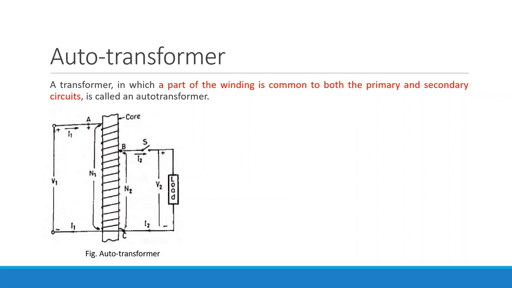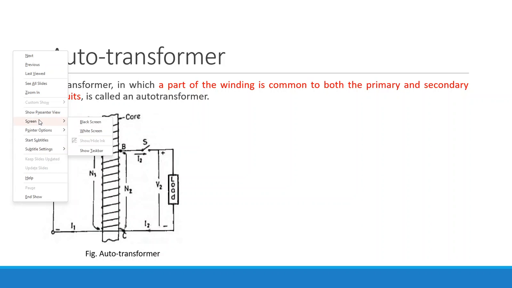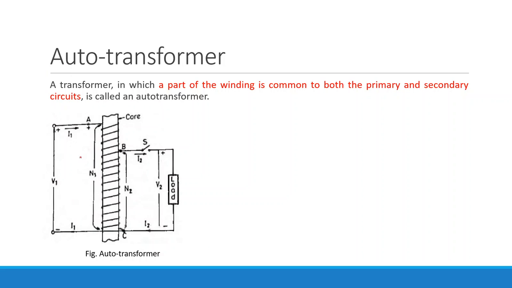So here is the picture. What you could see, that there is one winding, and this winding is connected with the supply, and the same winding you could see that it is connected with the load.